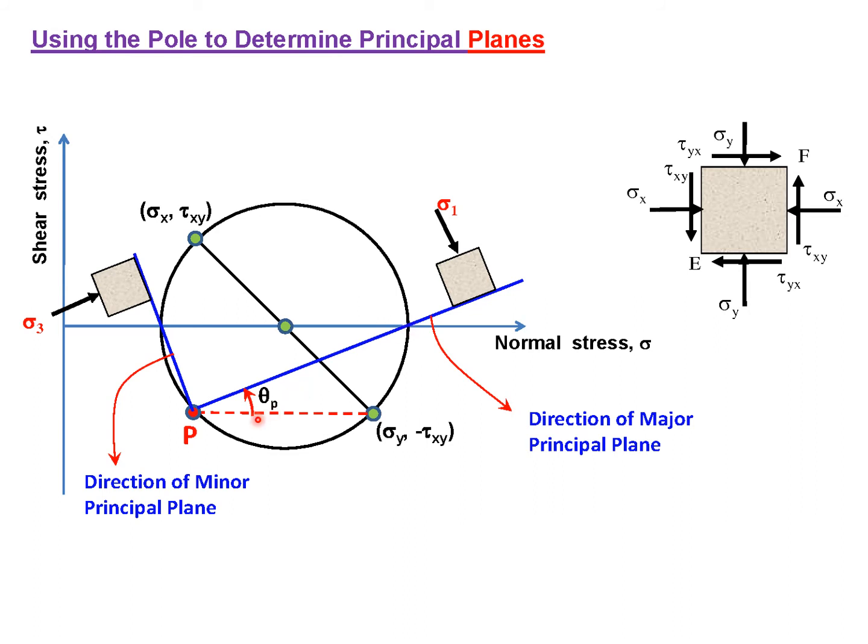So you can see that this angle theta p is the angle of the plane, this is the direction of the major principal plane on which sigma 1 is acting, and this is the direction of the minor principal plane on which sigma 3 is acting. So in this way you can use this technique to determine the principal planes.